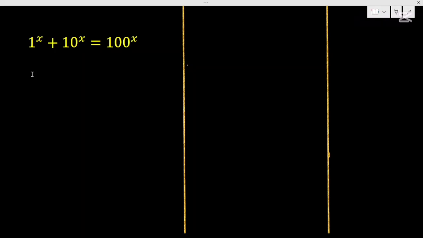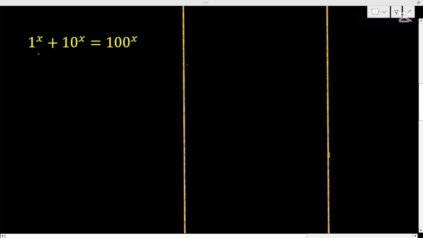Now, very quickly today, we are going to learn how to solve this exponential equation step by step. So, how do we solve this exponential equation? The first thing we need to do is to move this left-hand side to the right-hand side.